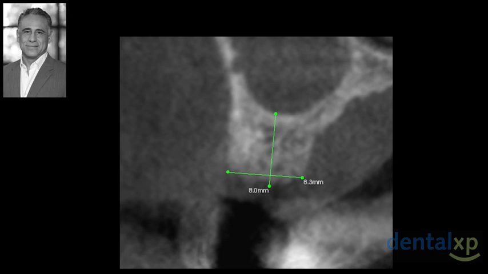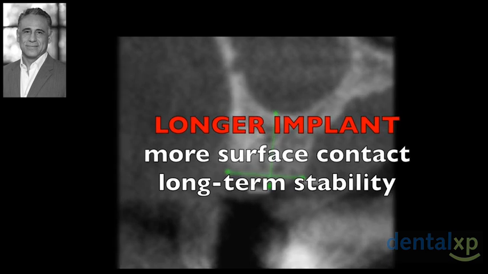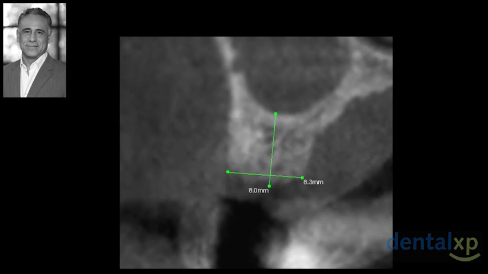While a short and wide dental implant can be placed in this site, it is certainly possible to develop the site further in order to accept a 10 millimeter implant, which offers us more surface area contact and benefits of long-term stability. This is particularly important in the posterior maxilla, where the bone quality is often less ideal, or in patients where we anticipate greater occlusal forces.